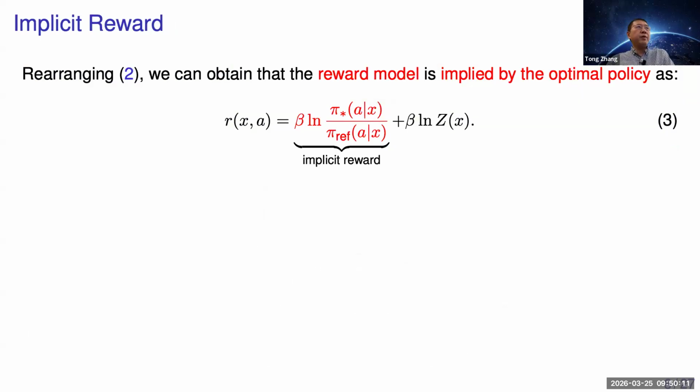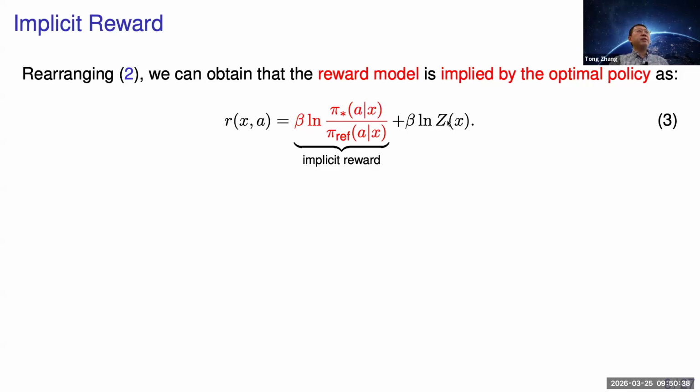Here is what it is. You rearrange that. Based on the previous slides, the reward is always this formula, plus beta times log Z(x). This one is a summation term, which we do not care too much about, because the reward we care about is a preference. Preference means you want to say whether A1 is larger than A2 or not.